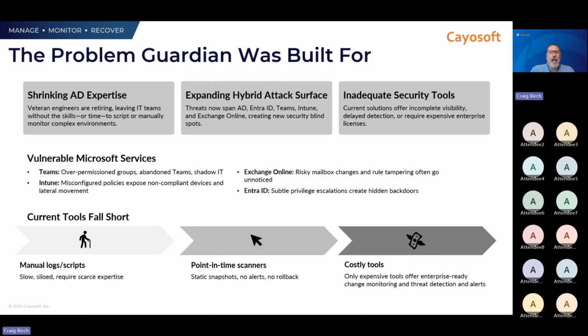And if we look at the attack surface of Active Directory, Entra ID, M365, and Intune, these platforms are not static, meaning they're not stale solutions. We're constantly adding new users, new permissions, adding people to roles, taking people out of roles, and we may miss things if we don't have real-time visibility.